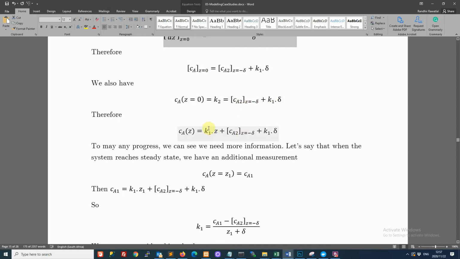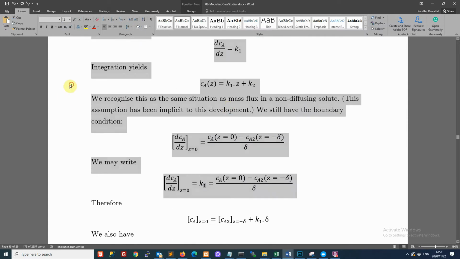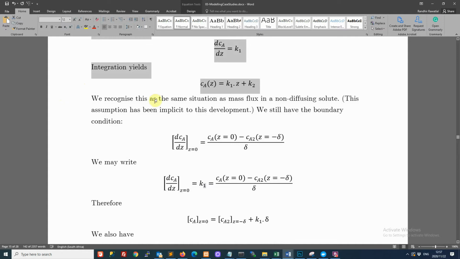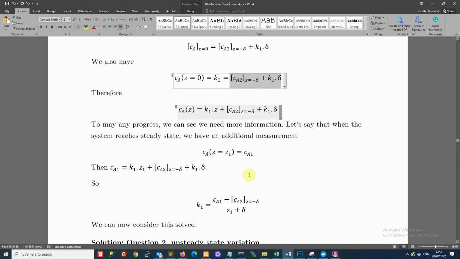Looking at these two, back in my integrated form, I can get rid of this k2. I've just found out that k2 is equal to this stuff here. So I can rewrite this as k1 z plus k2, where k2 is all that. So we've now eliminated one of the unknown constants. We've eliminated that k2 by using our boundary condition.